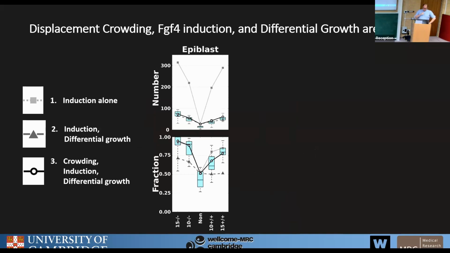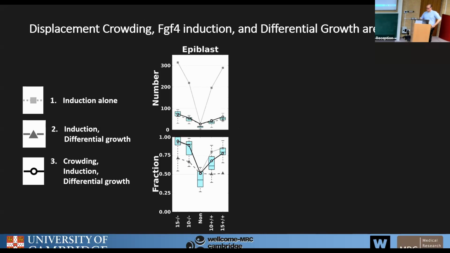When we look in the first instance at the amount of epiblast that we produce in our model, the boxes are the data from the previous experiment that we just looked at, and we get astronomical numbers of cells in these embryos when we do not control for that differential growth rate, which immediately told us that's wrong.